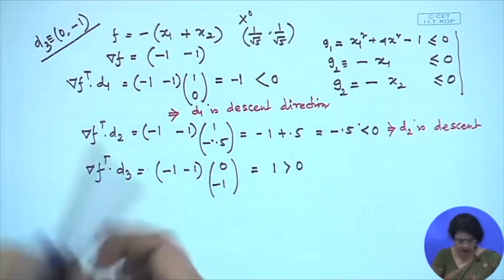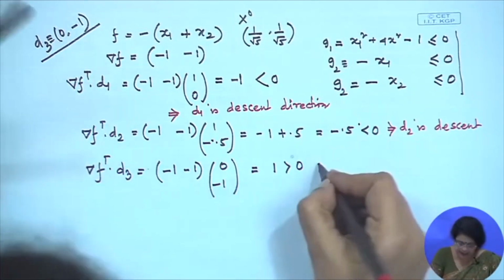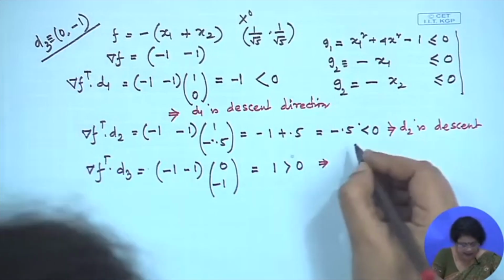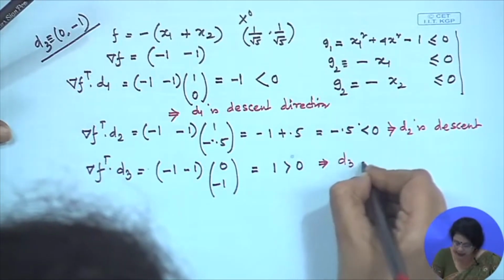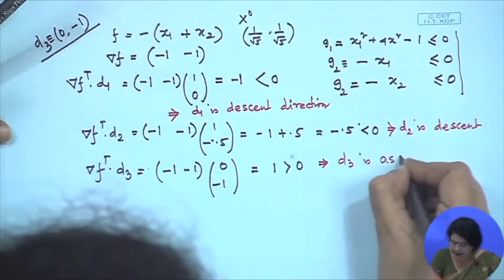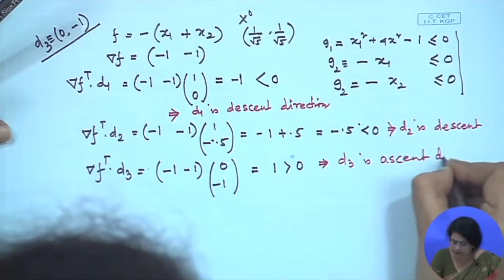That is why we can say that d3 is ascent direction, not a descent direction.